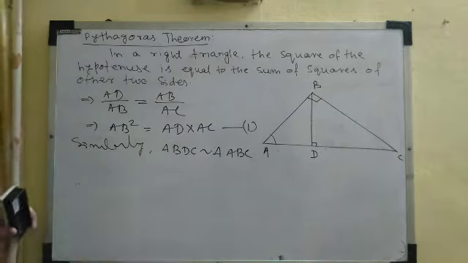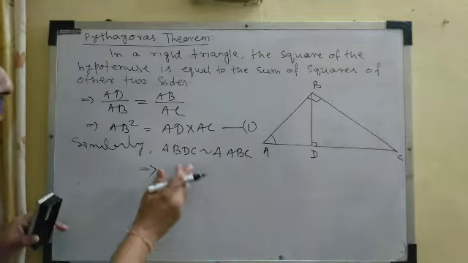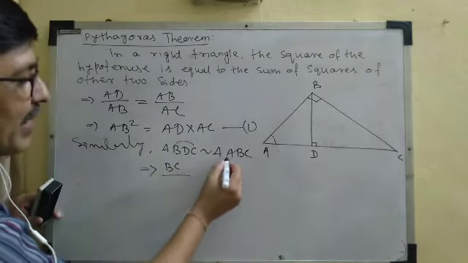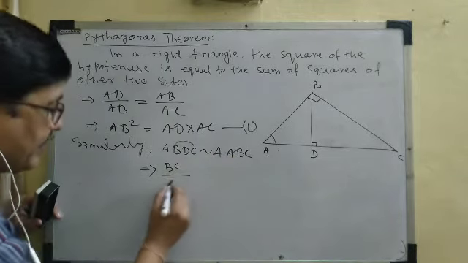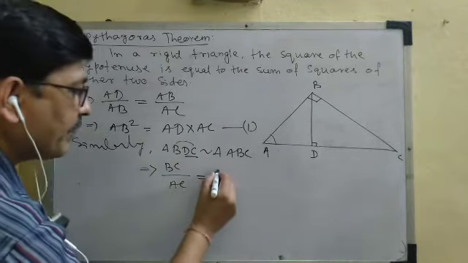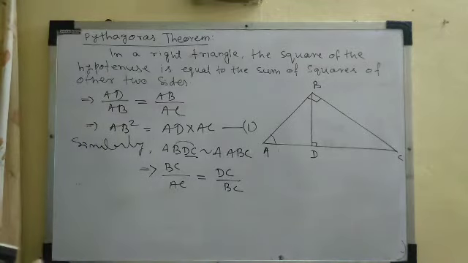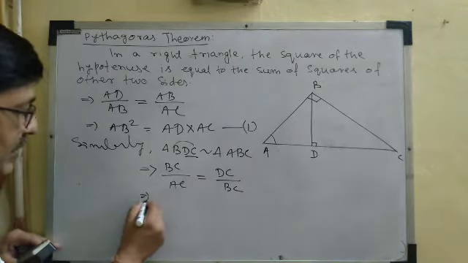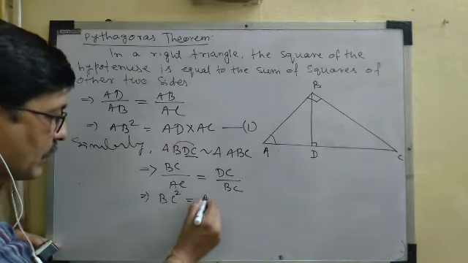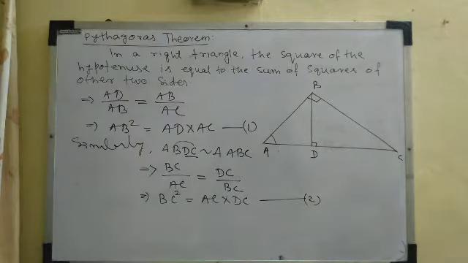Since these two triangles are similar, again their corresponding sides are proportional. So here we will consider BC on both sides. So BC divided by AC is equal to DC divided by BC, which implies that by cross multiplication we can write it as BC square is equal to AC into DC. Let us consider it as equation 2.